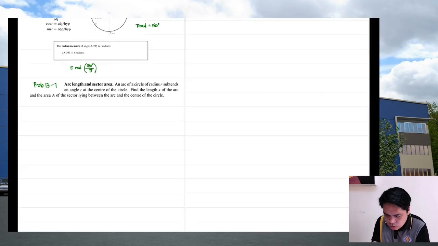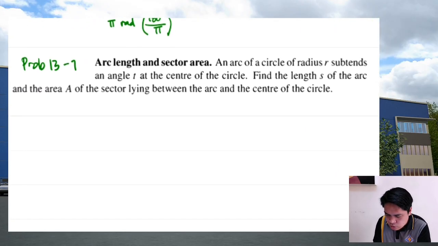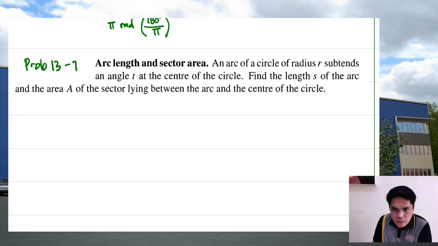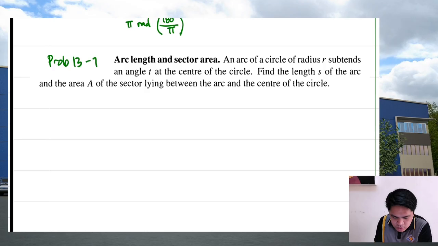An arc of radius r subtends an angle t at the center of the circle. Find the length s of the arc and the area of the sector lying between the arc and the center of the circle. Okay, so let us first illustrate this particular problem.